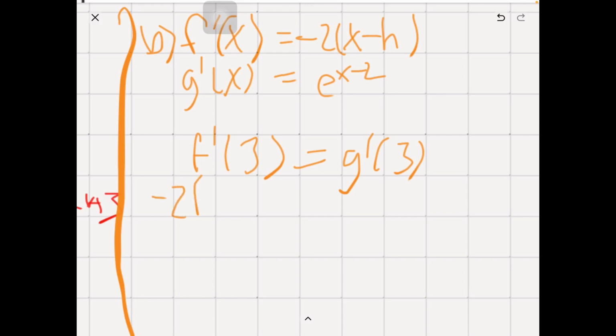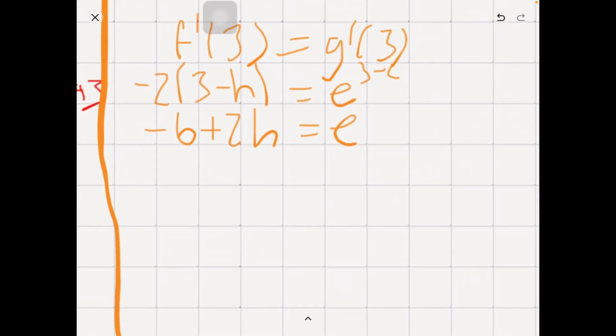So negative 2 times (3 minus h) is equal to e to the 3 minus 2, which is equal to e. It's equal to negative 6 plus 2h. Moving the minus 6 to the other side, this is e plus 6 is equal to 2h, and h is equal to (e plus 6) over 2.